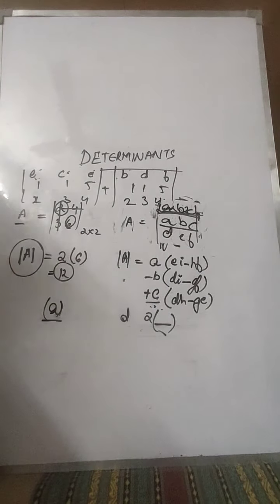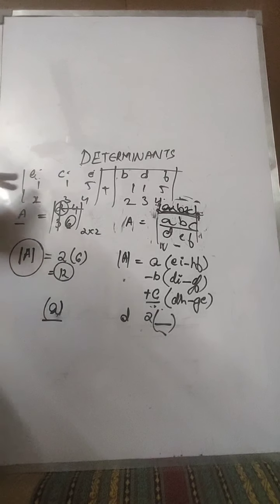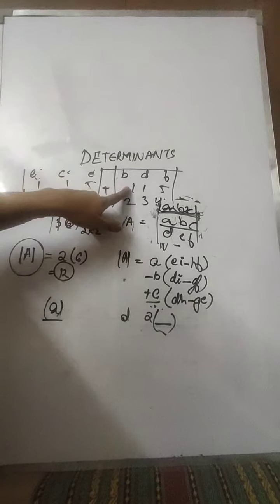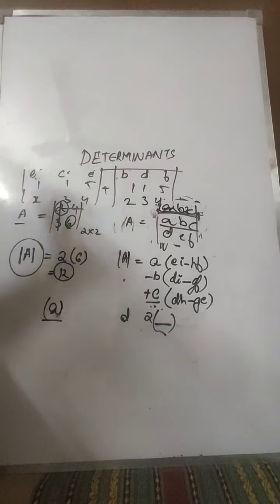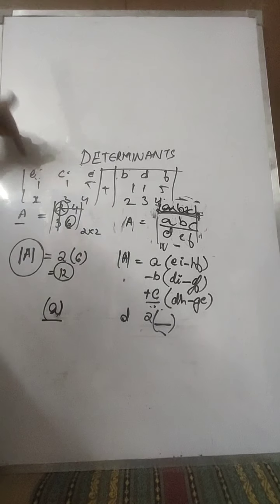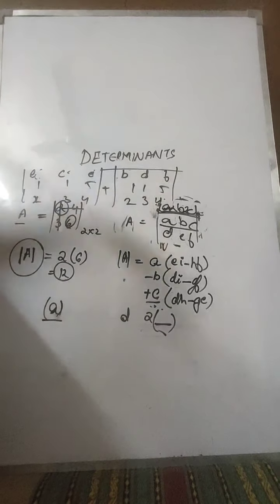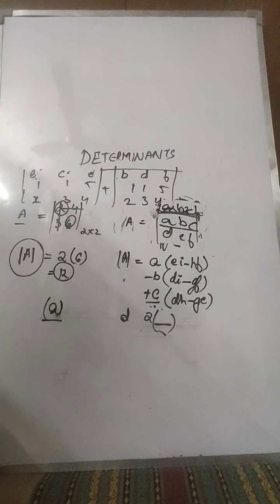Okay, then another property: if for example two rows are proportional, like 2, 3, 4 and 4, 6, 8, so if they are equivalent to each other, then the value of the determinant will not change.